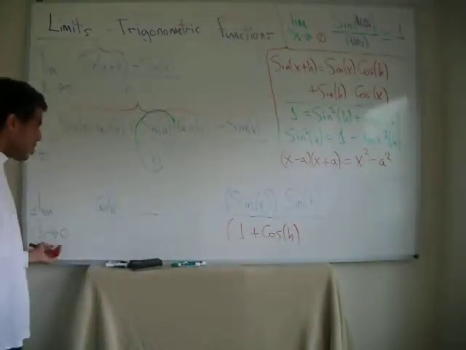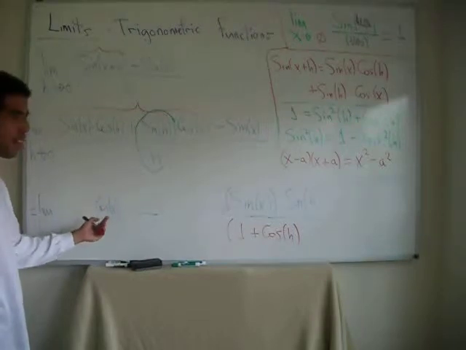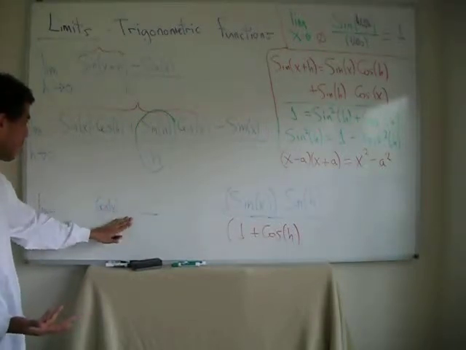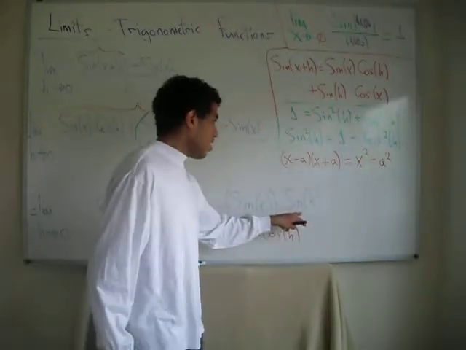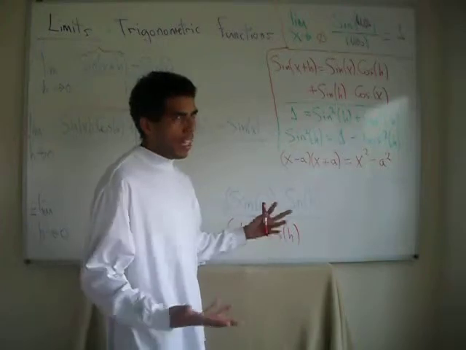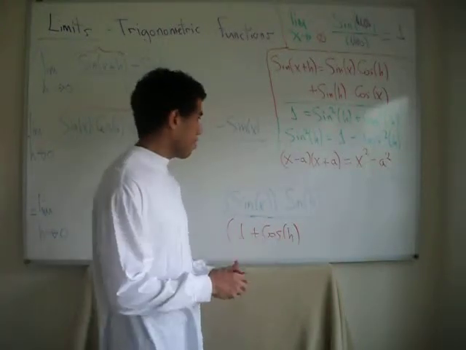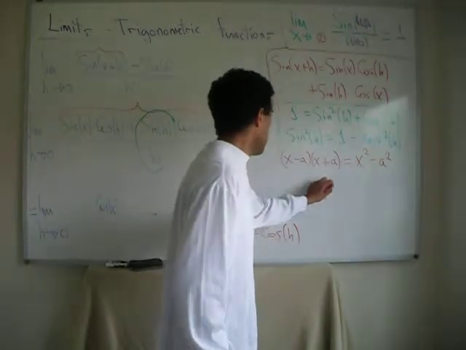When h tends to 0, well, cos of x stays the same because there's no h here. Cos of x stays the same, okay? And when h tends to 0, well, sin of h is 0, so I have 0 times sin of x, and that's 0. 0 times whatever is 0. And this is 0 right here.